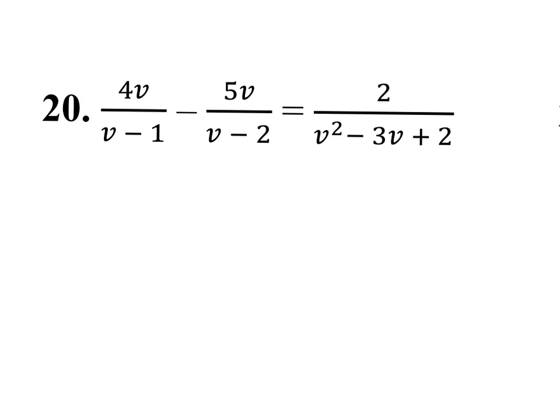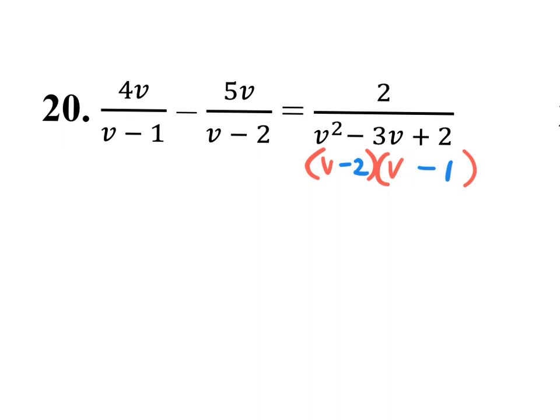It might be really easy to find an LCD. So there's nothing to factor here, nothing to factor there, but this is a quadratic trinomial, and that could be factored, rewritten as what times what gives you a positive 2 that if you combine together is a negative 3. Well, that'll be a negative 2 times negative 1. That'll give you a positive 2 when you multiply it, and it will give you a negative 3 when you combine it.